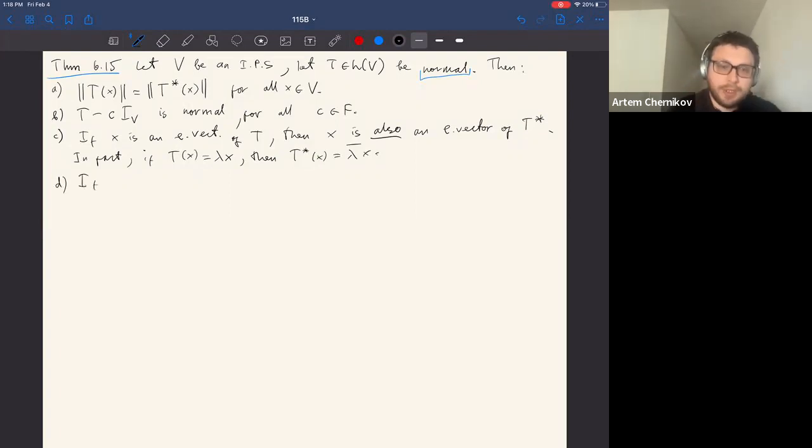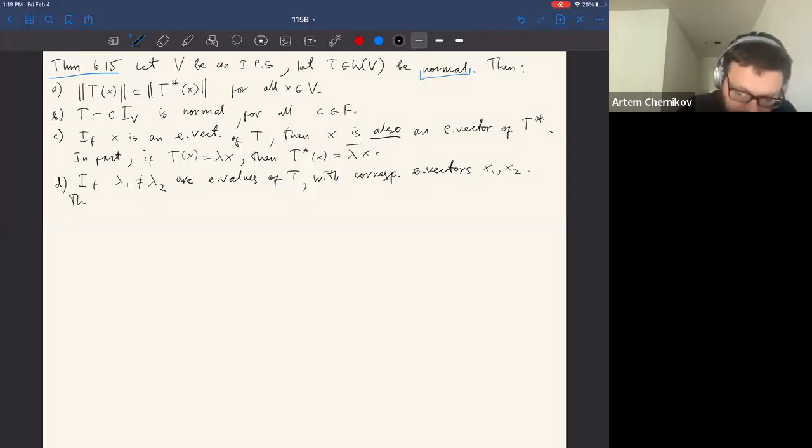And D, if we have two distinct scalars, lambda 1 not equal to lambda 2, and assume they are both eigenvalues of T with corresponding eigenvectors x1 and x2, then the vectors corresponding to them are orthogonal.